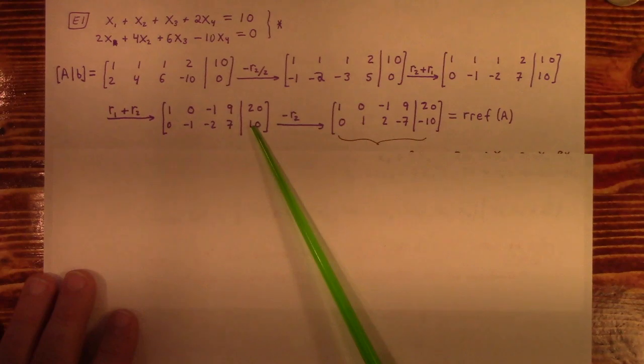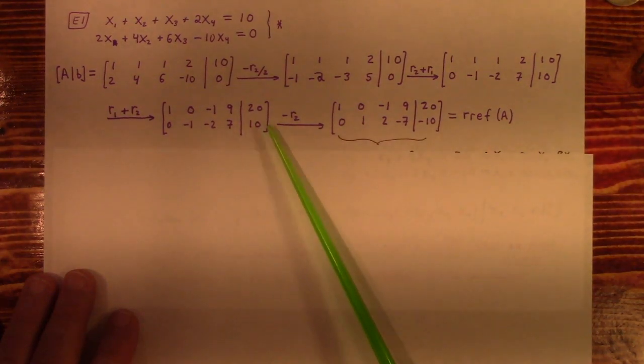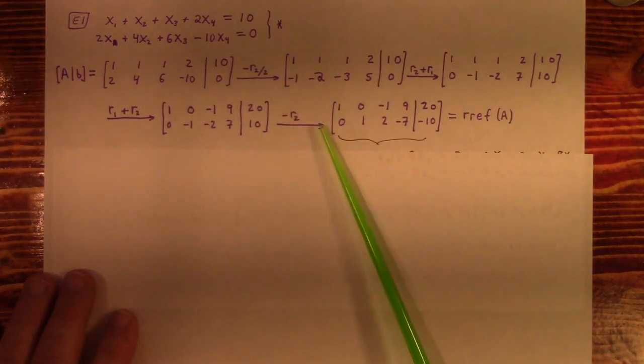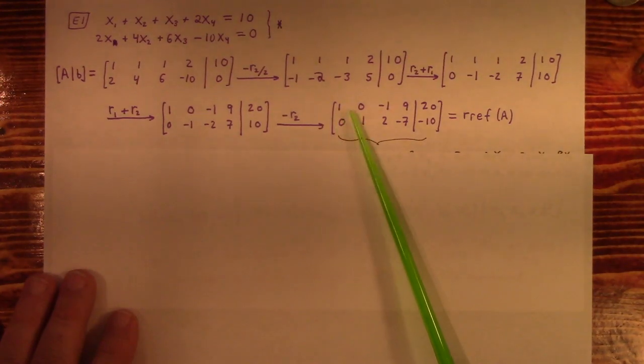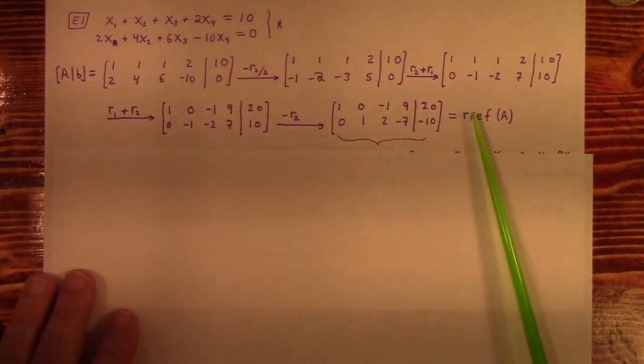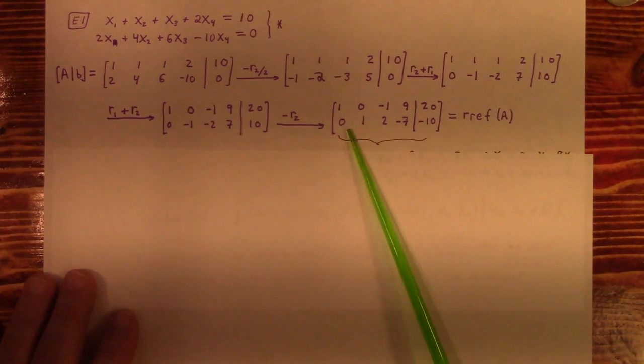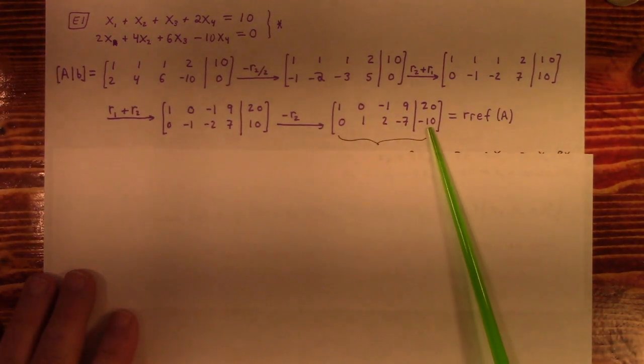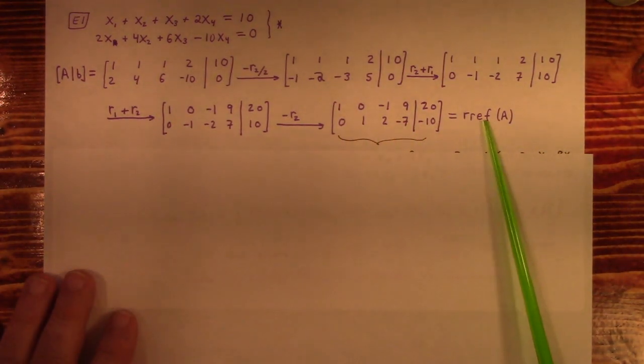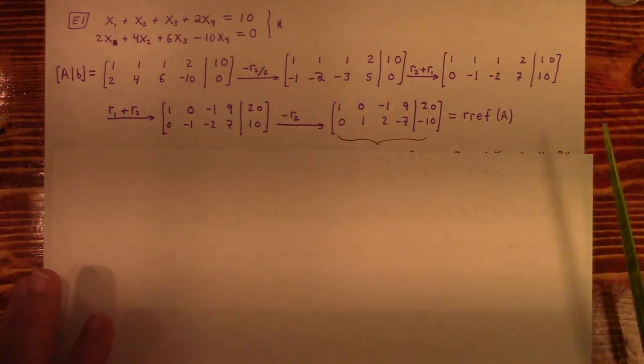There you have it. Next thing I did was I multiplied row 2 by -1. And so that gives me 1, 0, -1, 9, 20. Nothing happened to the first row, and the second row becomes 0, 1, 2, -7, -10. And this is what's called the reduced row echelon form of A. All right?